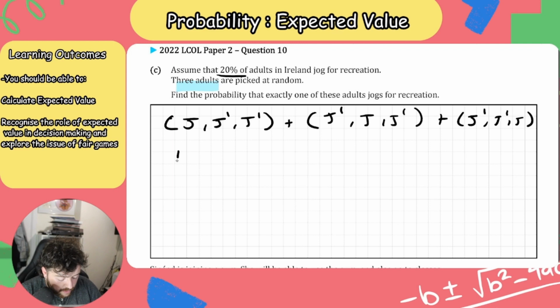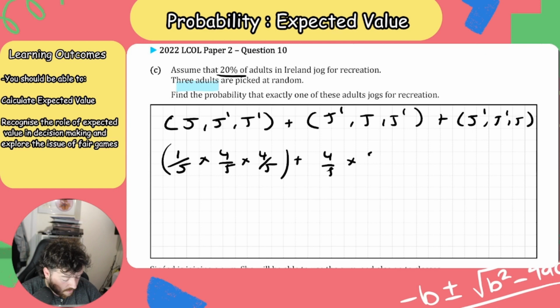So this is 1/5 times 4/5 times 4/5, plus 4/5 times 1/5 times 4/5, plus 4/5 times 4/5 times 1/5.